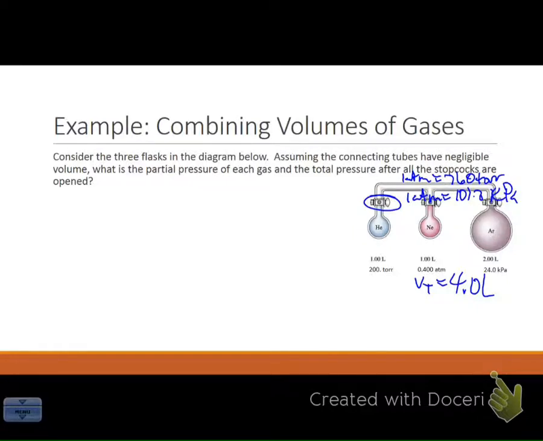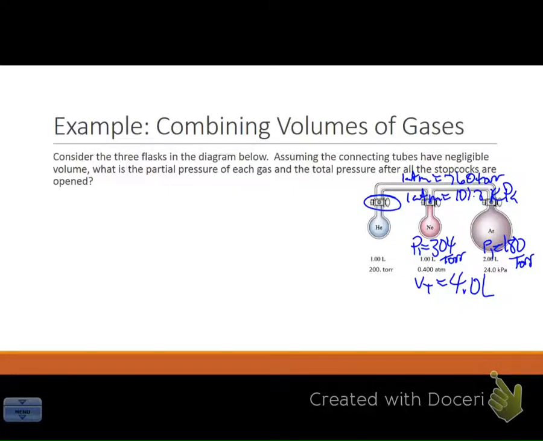To save time, I'm just going to give you those conversions already. The first one I'm going to leave in torr. For neon, I'm going to make P1 be not 0.4 atmospheres, but converted to torr, 304 torr. And then for argon, I'm going to convert it. P1 is equal to 180 torr.